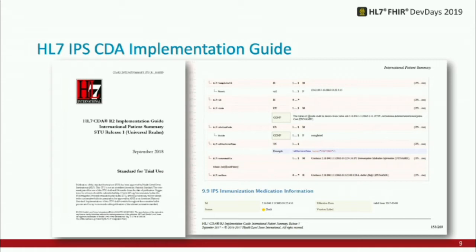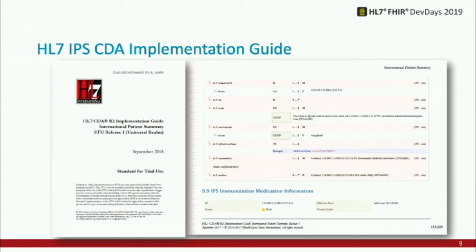And so once we got that published, we rapidly shifted focus to move to a FHIR implementation guide that we could get out as quickly as possible. That would ideally be as closely aligned as possible with the CDA guide, and would provide that capability in the obviously emerging FHIR standard.